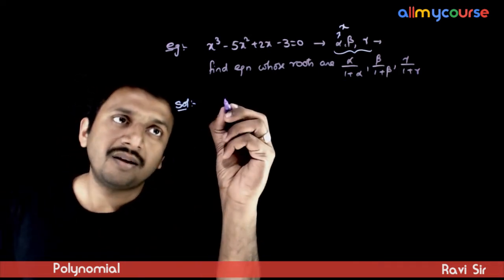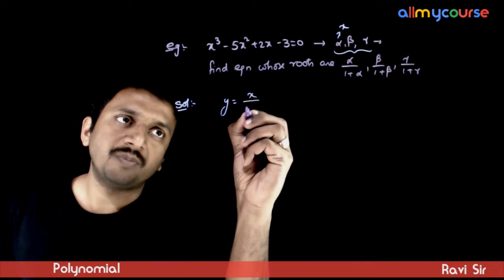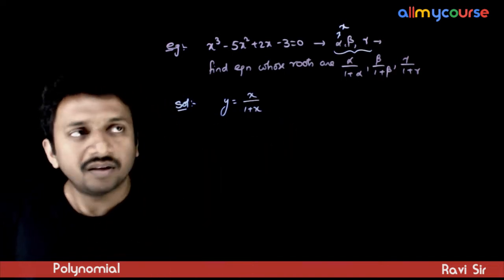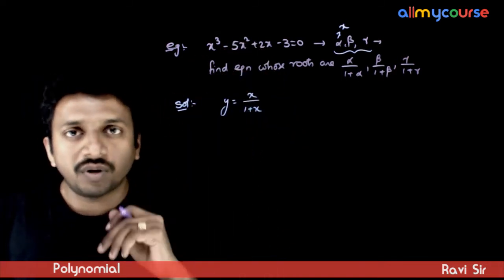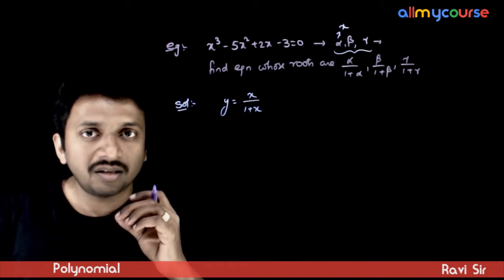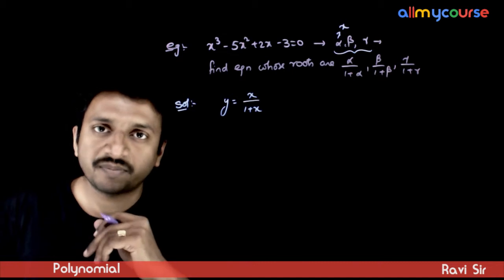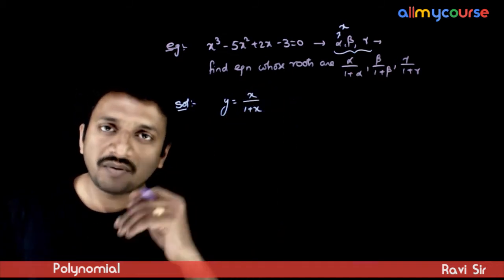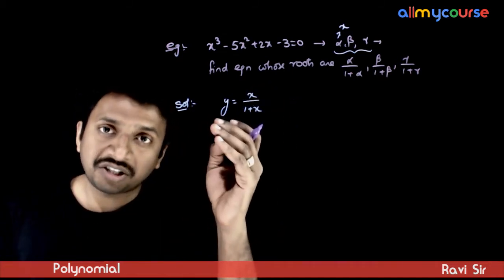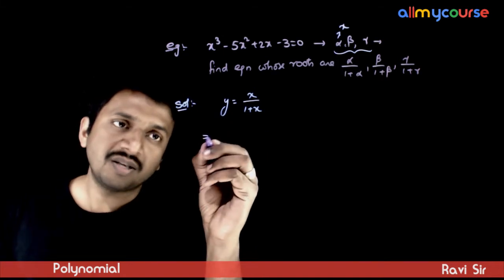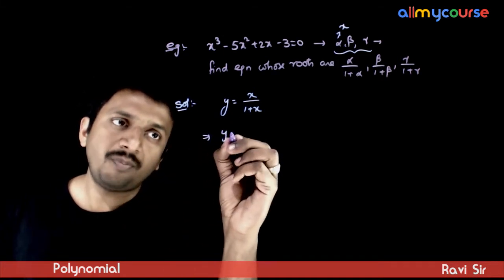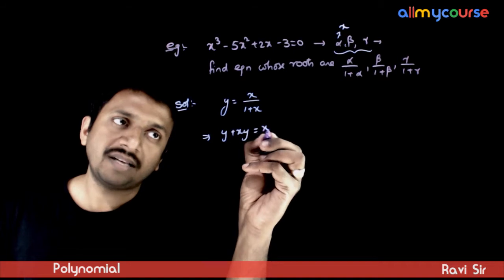So let us take y is equal to x by 1 plus x. So if x is a root of this equation, you want an equation whose roots are of the form x by 1 plus x. So y is equal to x by 1 plus x. I want a cubic equation in y. So this implies y plus xy is equal to x.